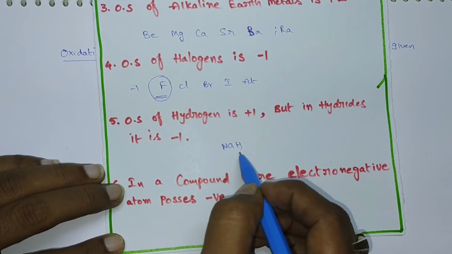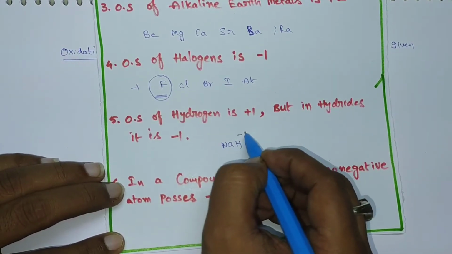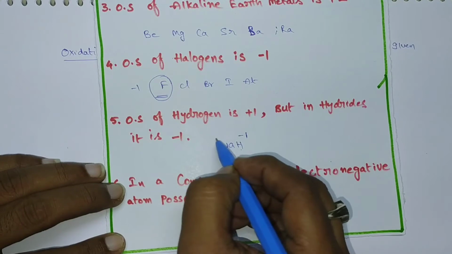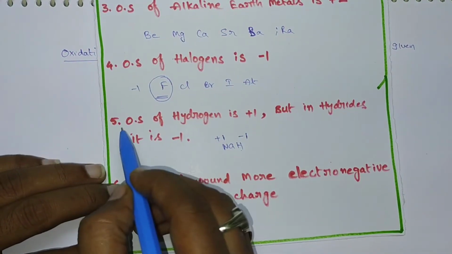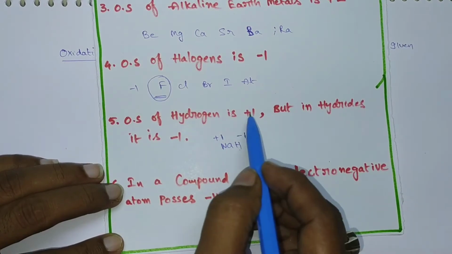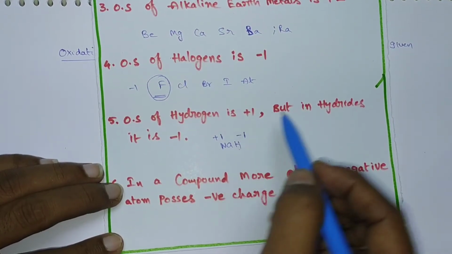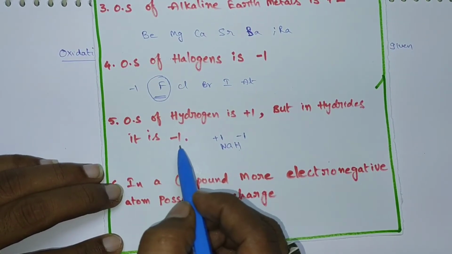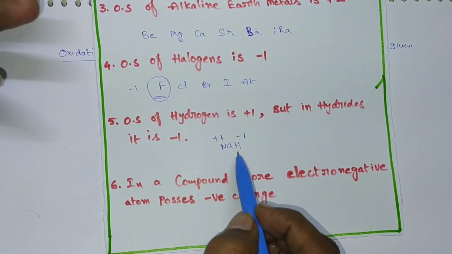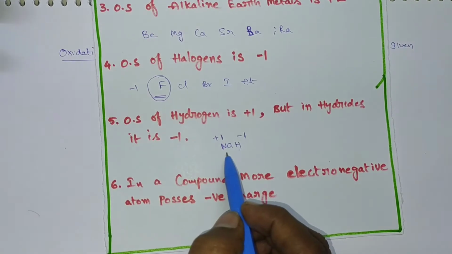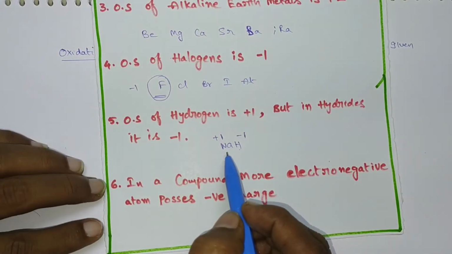In this metal hydride, hydrogen exhibits -1 oxidation state and sodium exhibits +1 oxidation state. Generally hydrogen exhibits +1 oxidation state in most cases, but in case of hydrides only it will exhibit -1 oxidation state.